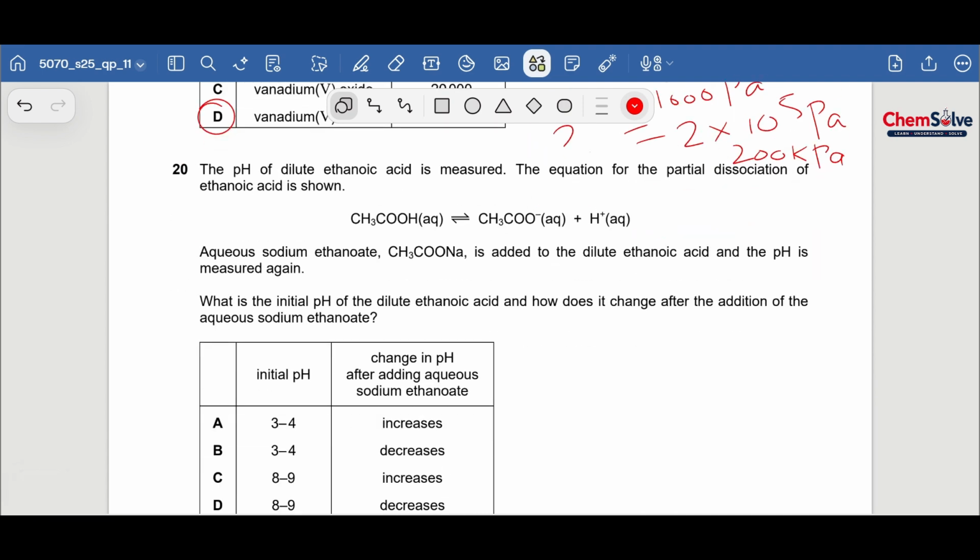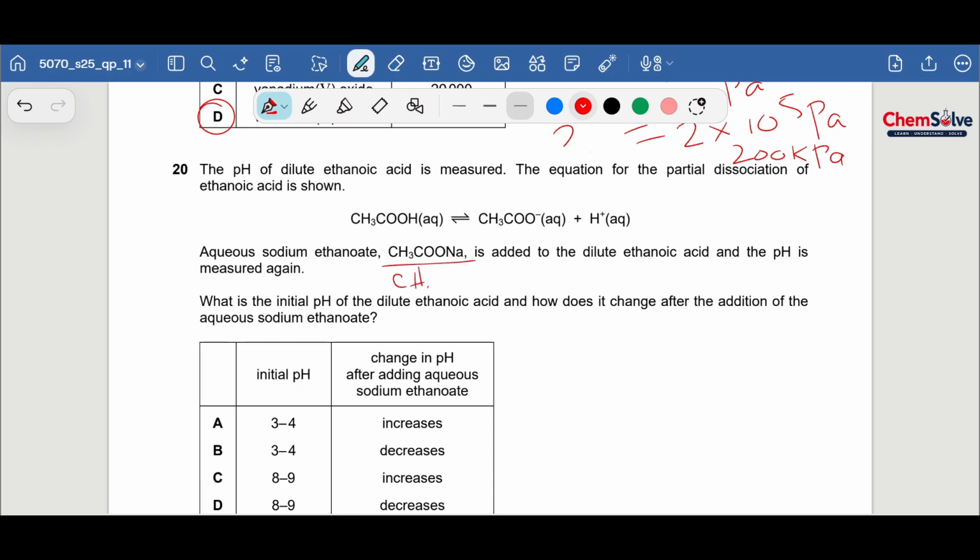Question number 20. The pH of dilute ethanoic acid is measured. The equation for the partial dissociation of ethanoic acid is shown. Aqueous sodium ethanoate is added here. When we add aqueous sodium ethanoate, it has CH3COO negative ions and obviously Na positive ions. So we are adding more CH3COO negative ions here.